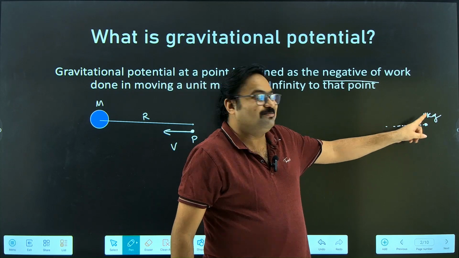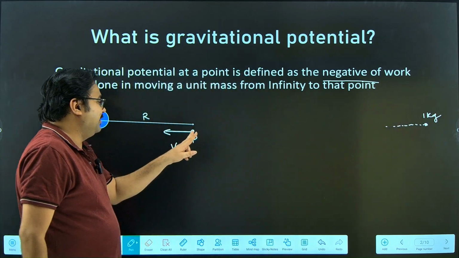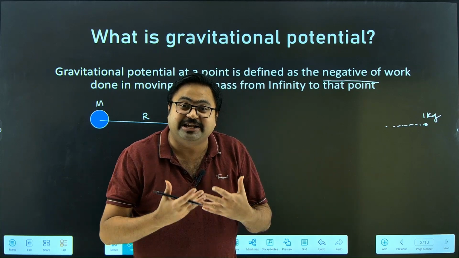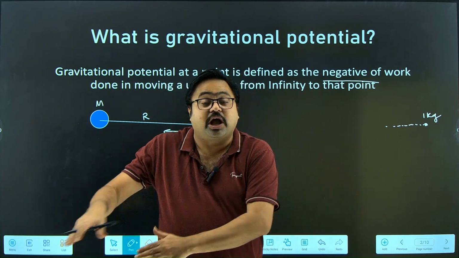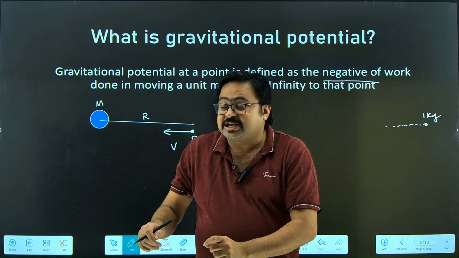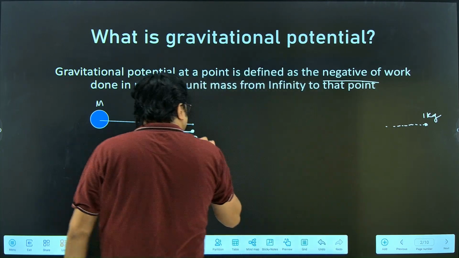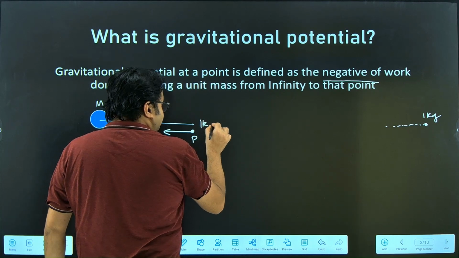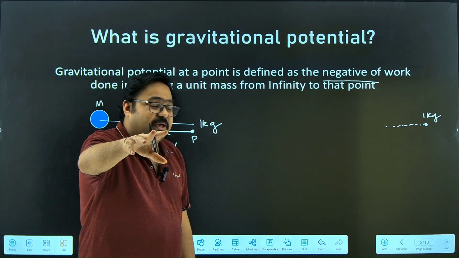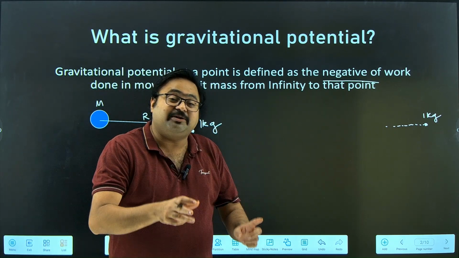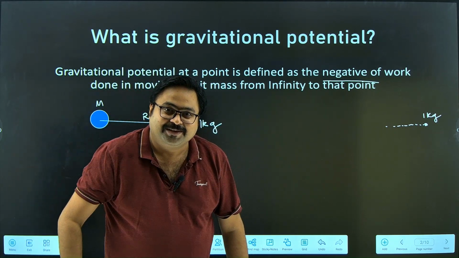In the course of moving from infinity to point P, it converted a part of the gravitational potential energy it had into kinetic energy. And this kinetic energy is what the 1 kg mass has at this point. So you all agree with me that whatever is the kinetic energy gained is the potential energy lost.